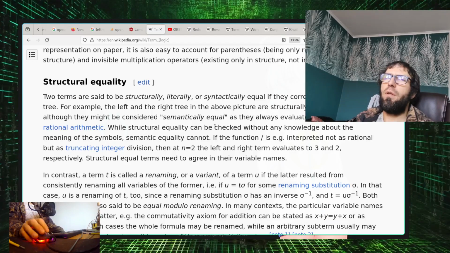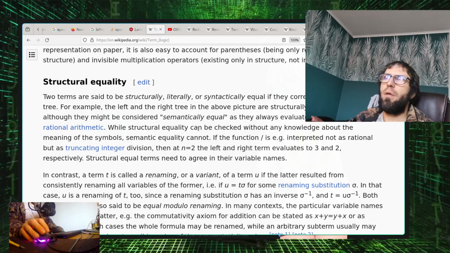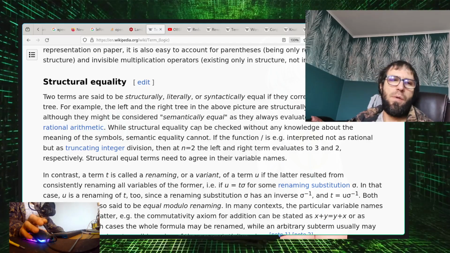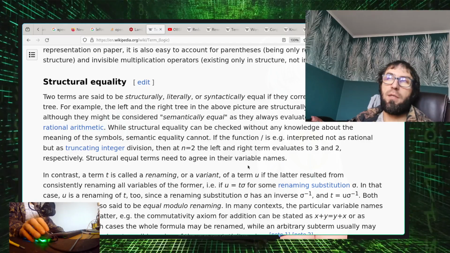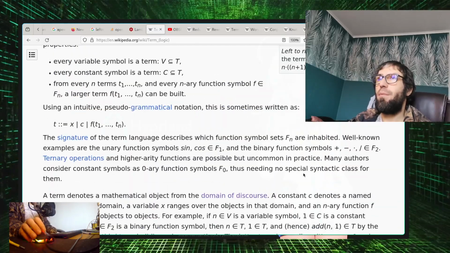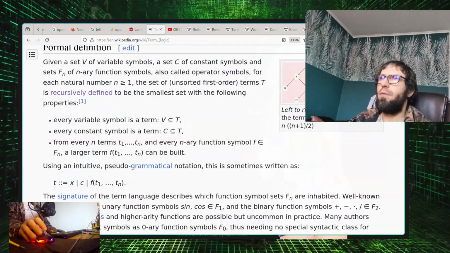But of course, if two trees are not equal, this doesn't mean that they do not represent the same mathematical object, as we can see here, for example.